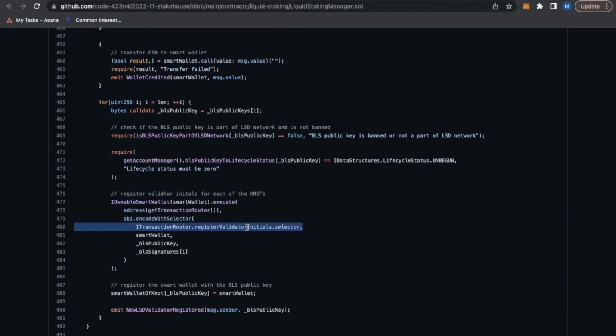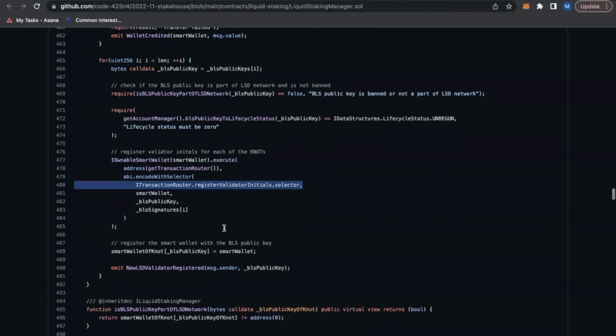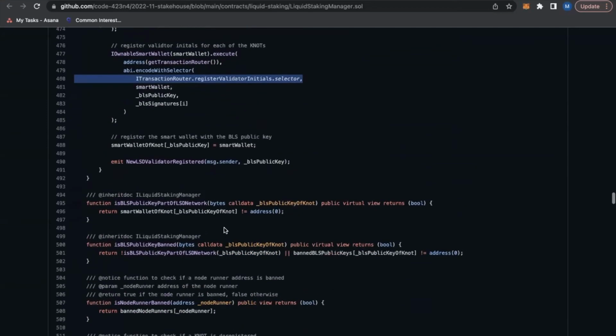So the Stakehouse protocol needs to know what are the BLS public keys that are trying to work on it and trying to stake 32 ethers. So this is a necessary step, and this will mark your BLS public key as validator initialized, and that will mean that now you can go on with the rest of the process. Right.